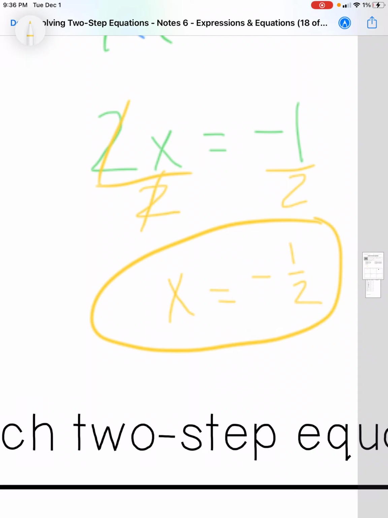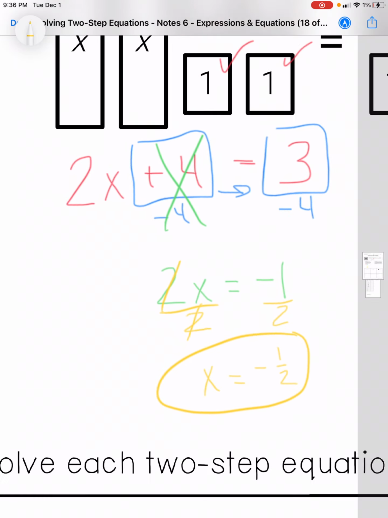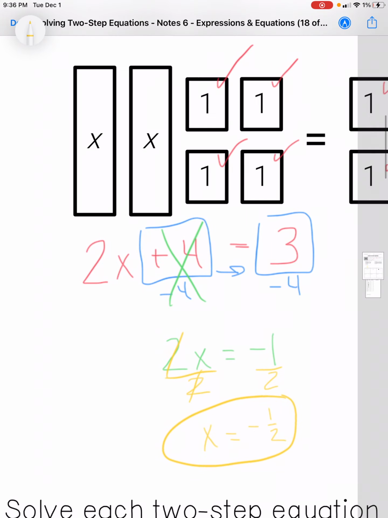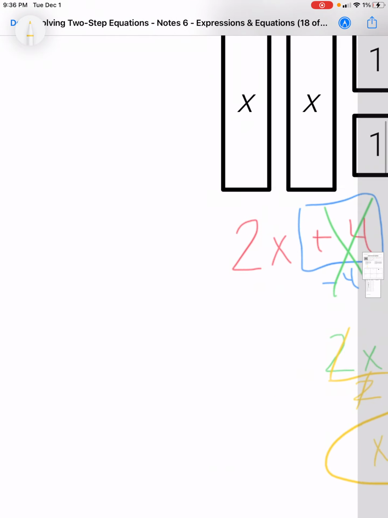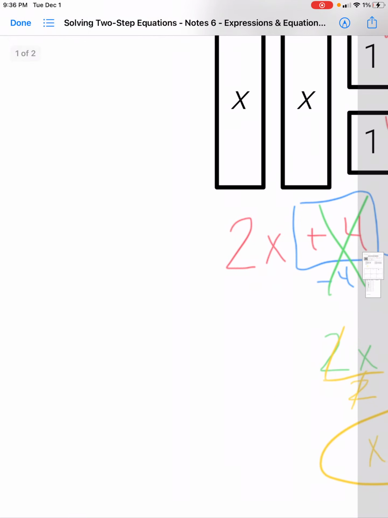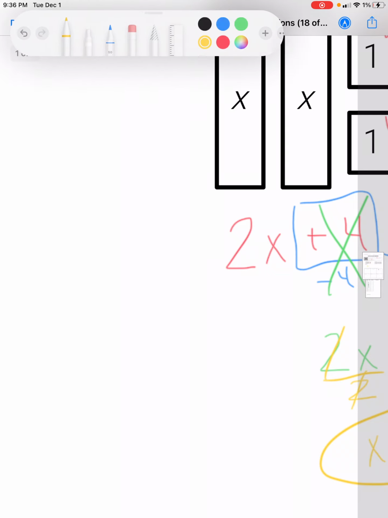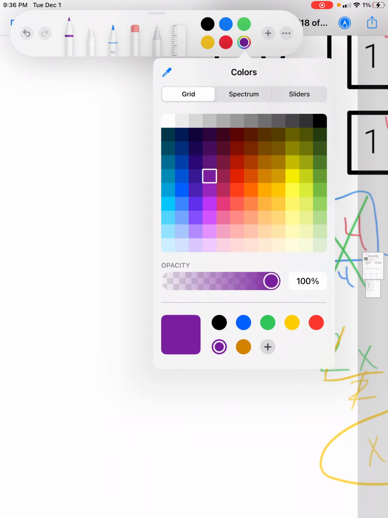Okay? How do I go back and check it? Because step number 4 was to go check it. You take x and you plug it back into the equation. I'm going to draw it over here. Okay, let me choose a different color here. Let's go purple.